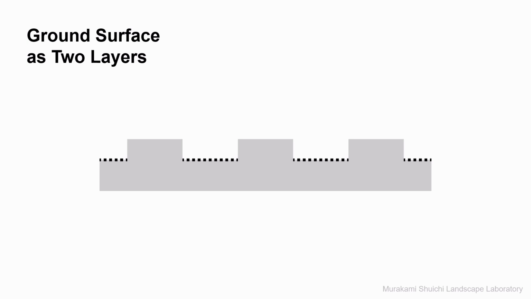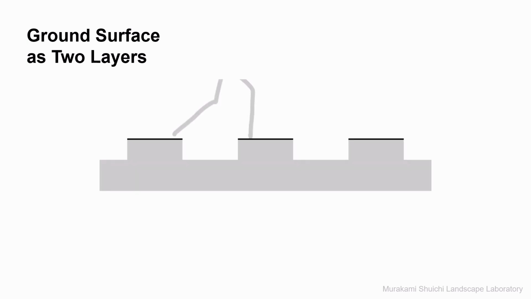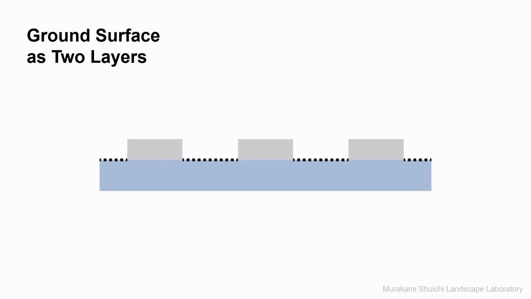For example, the higher surface may become the surface for people to move on, while the lower surface may become the surface where water appears. Many of you may have the experience of crossing a stream by stepping from one stone to another above the water. Different grounds give rise to different fields of behavior.